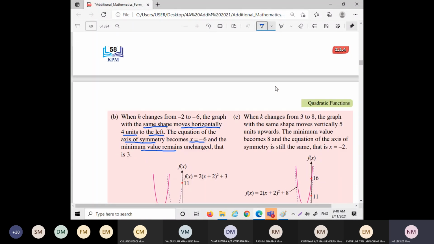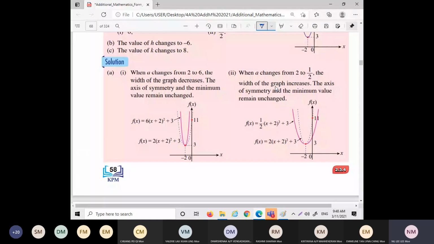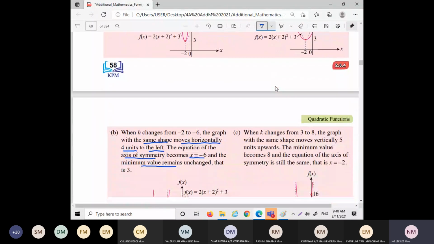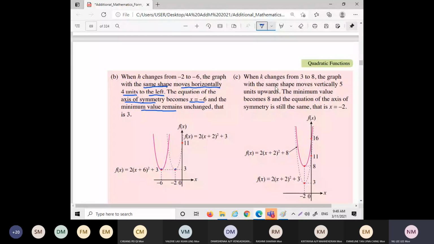Now we go to part C. The value of k changes to 8. The value of k originally is 3, changing to 8, so you move upward, from 3 to 8, for the vertex.